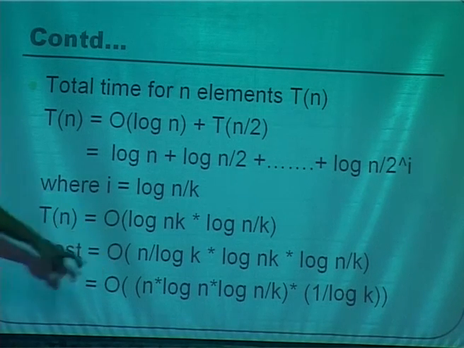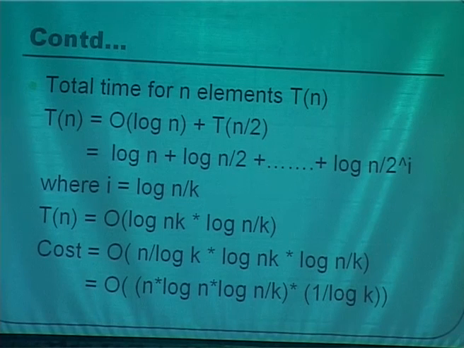So the last thing is the maximum number of processors which we needed for using that selection algorithm. We said the maximum number of processors needed is when the partition size is smallest, that is k, and the number of partitions will be n by k.